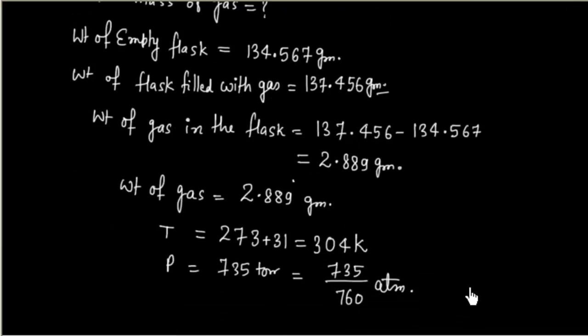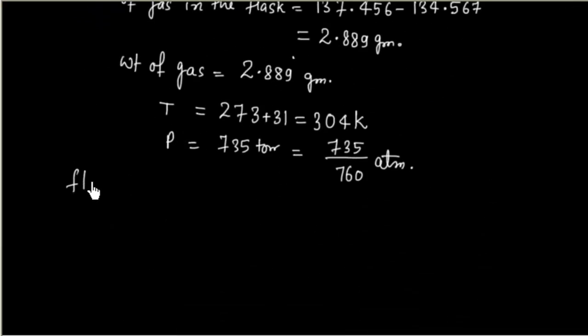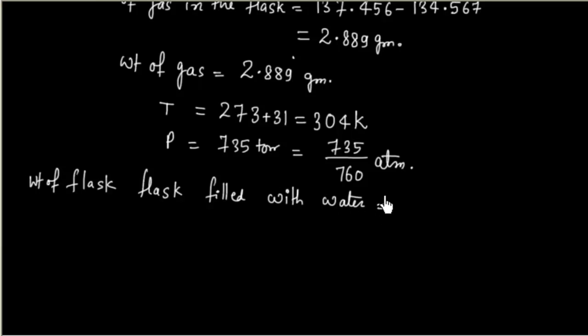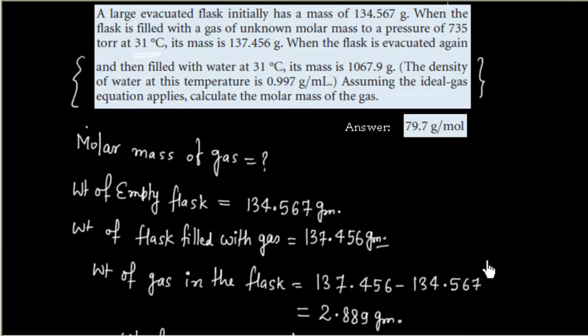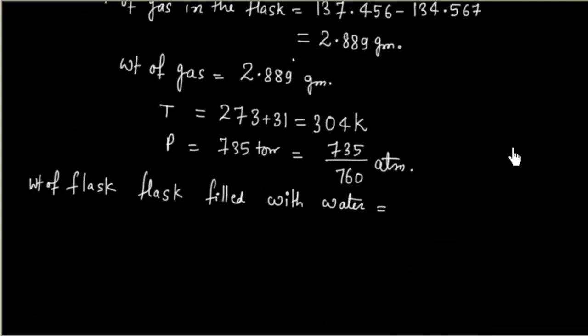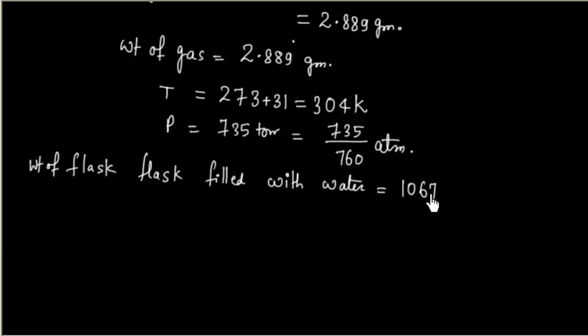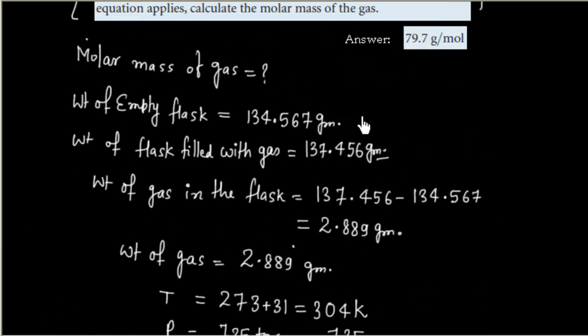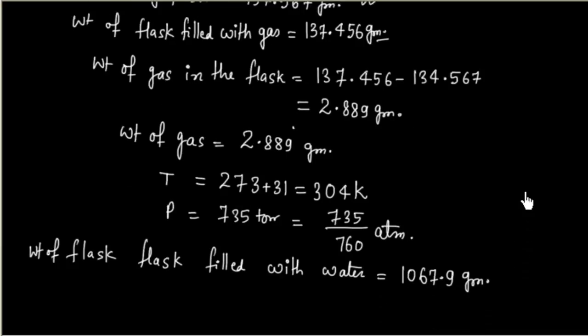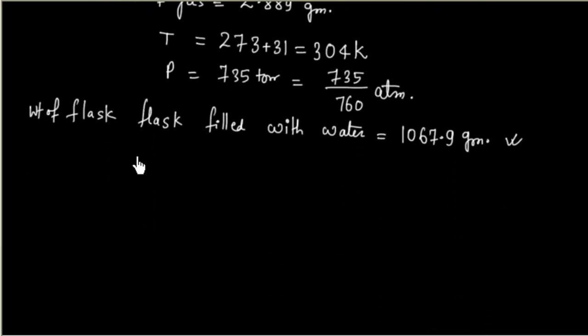So the weight of the flask filled with water is 1067.9 gram. And we know the empty weight is 134.567. So we can calculate the weight of water.